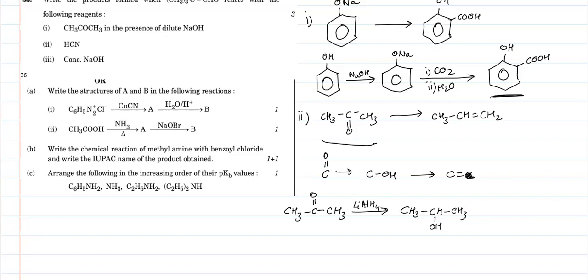And then this particular compound on further reaction with 85% H3PO4 at 440 Kelvin is going to undergo dehydration. So a water molecule is going to get kicked out. So you get CH3CH=CH2 plus water.